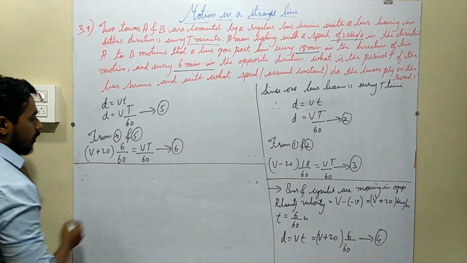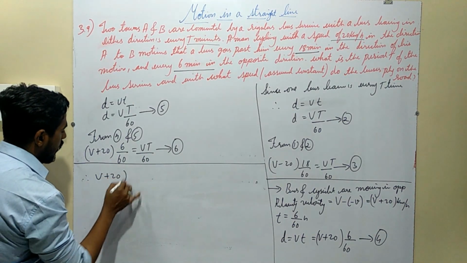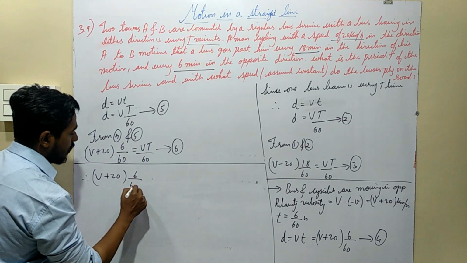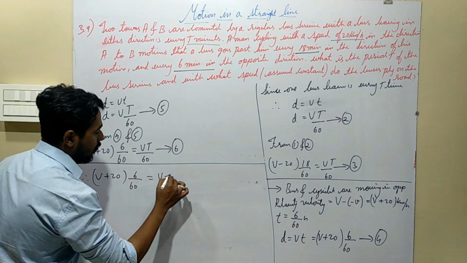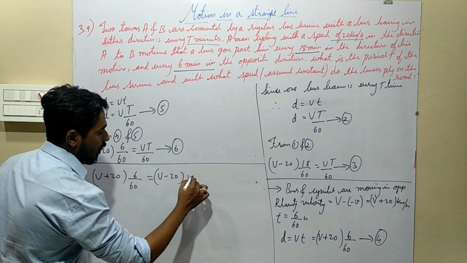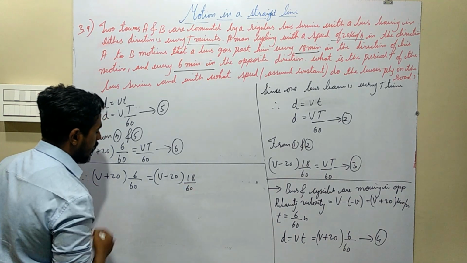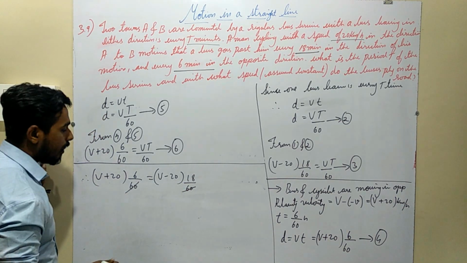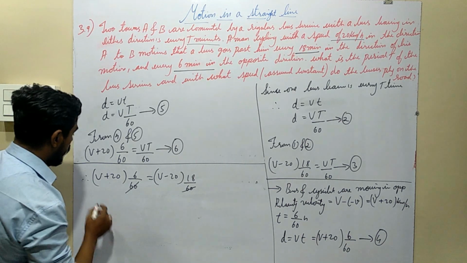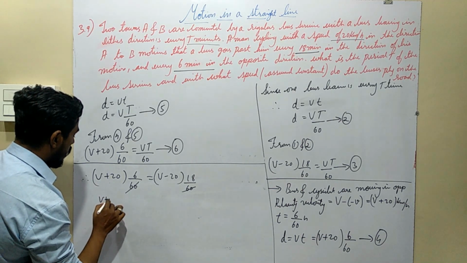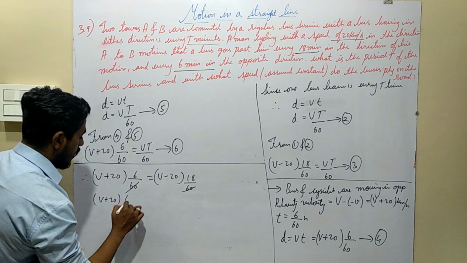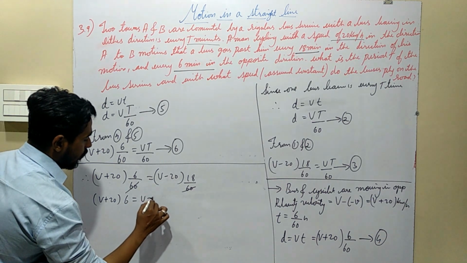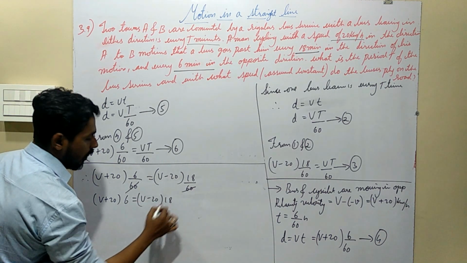Therefore v plus 20 into 6 by 60 is equal to v minus 20 into 18 by 60. Here clearly 60 and 60 get cancelled and we are left with v plus 20 into 6 is equal to v minus 20 into 18.